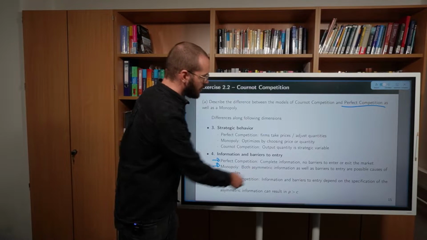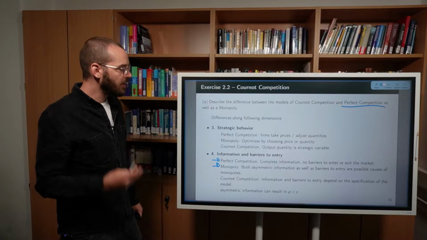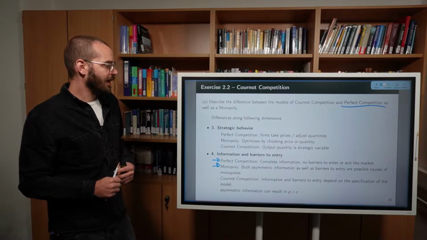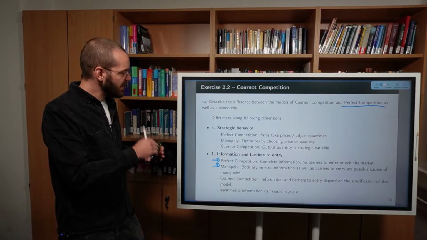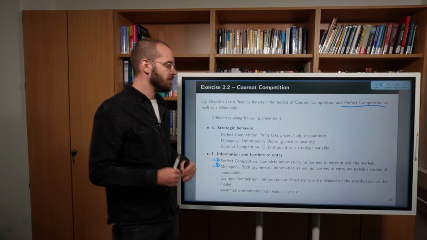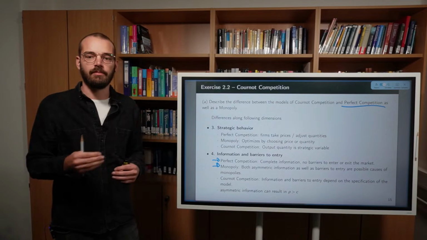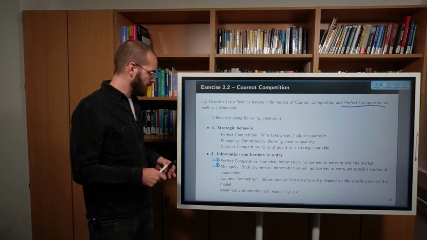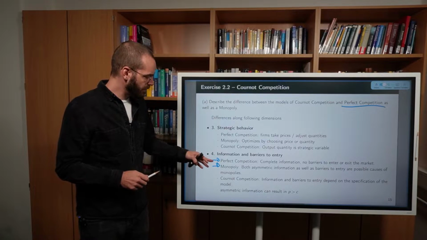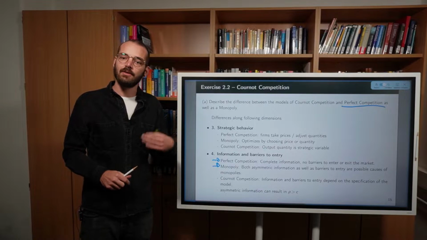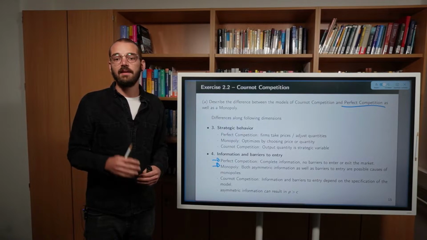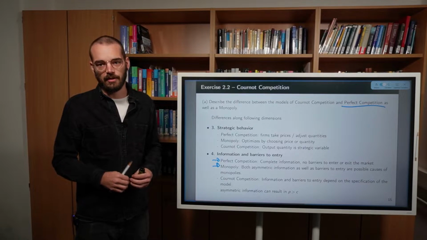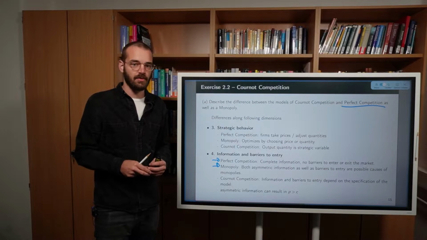Both asymmetric information as well as barriers to entry are possible to think of in the model of a monopolist, and at the same time both are even possible causes of monopolies. And we will talk about barriers to entry specifically as a cause of monopoly in a lecture and exercise session during this semester in a few weeks from now.